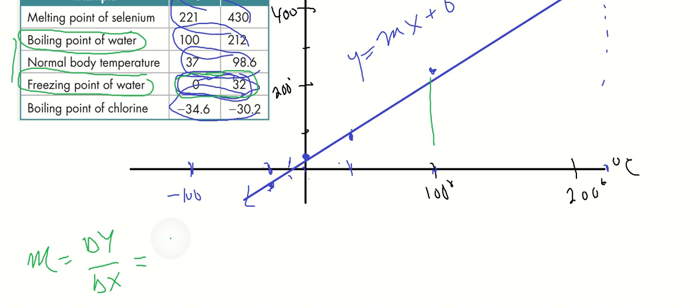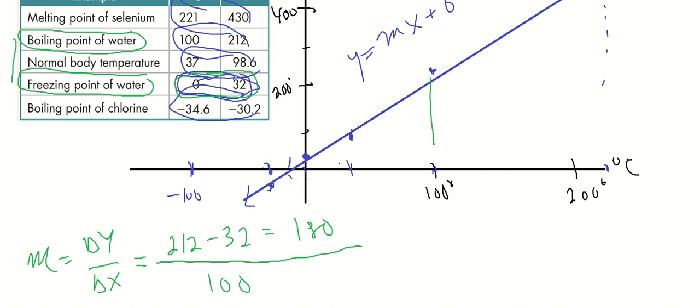So 212 minus 32, when water freezes, is going to give you 180. And then the x-axis is the Celsius scale, so that's just 100 because water freezes and boils 100 degrees apart.